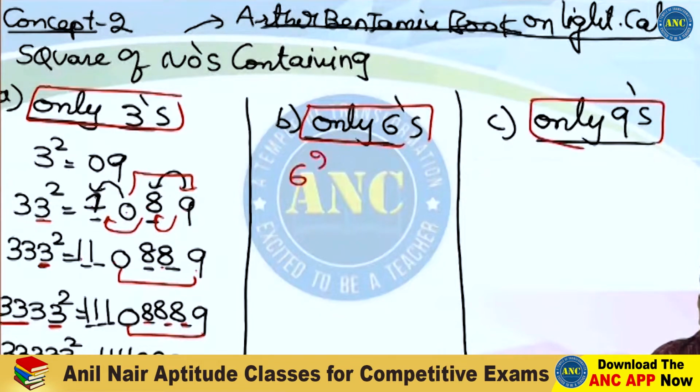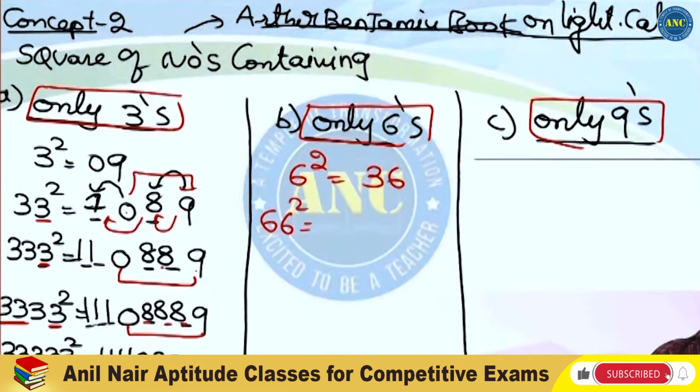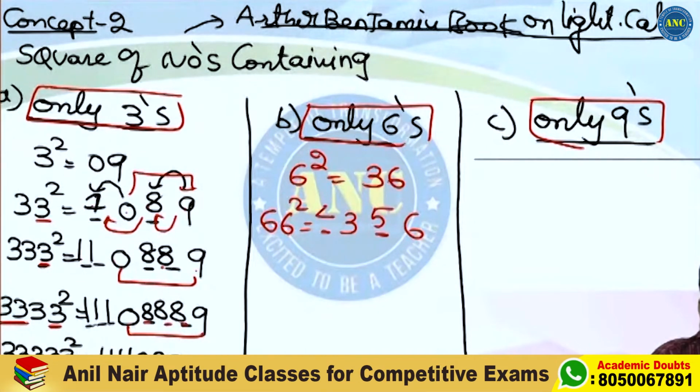6 square is 36. 66 square: first 6 square is 36. 1 more 6 added, 1 more slash. This is 1 less than this number, 5, and this is 1 more than this number, 4. 666 square: 6 square is 36.